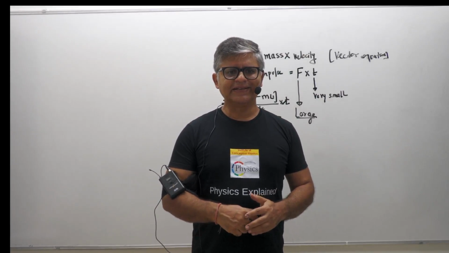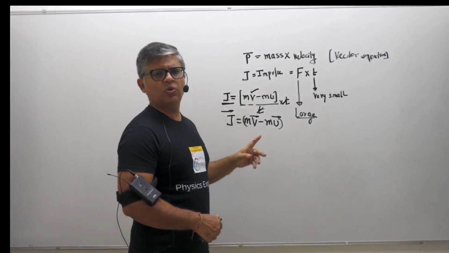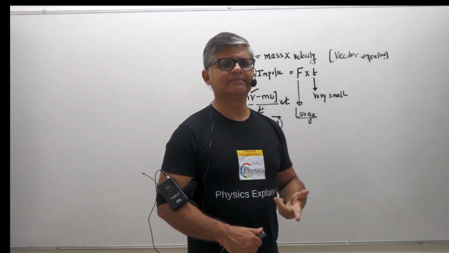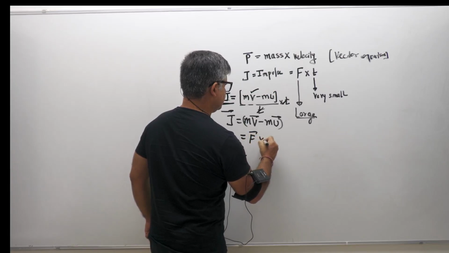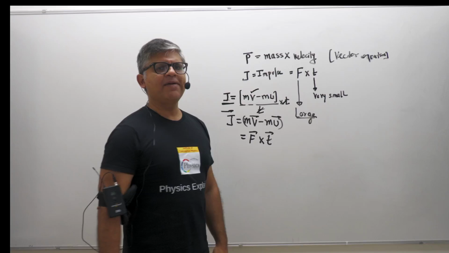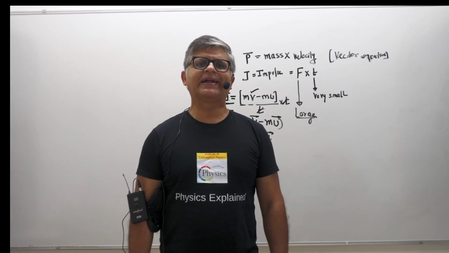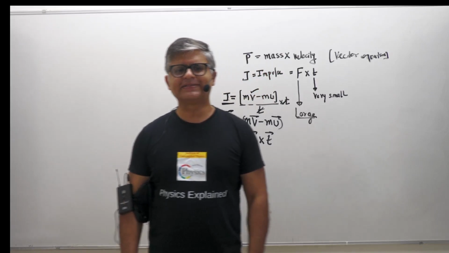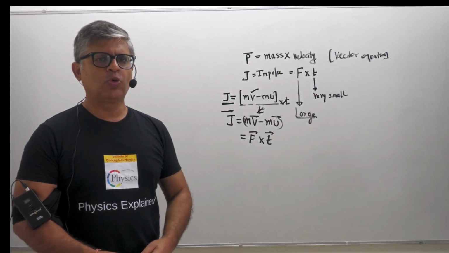This equation, impulse is equal to change of momentum, is equal to force into time, is the impulse momentum equation. You can expect a numerical in the NEET examination pertaining to this topic. I will quickly revise it.